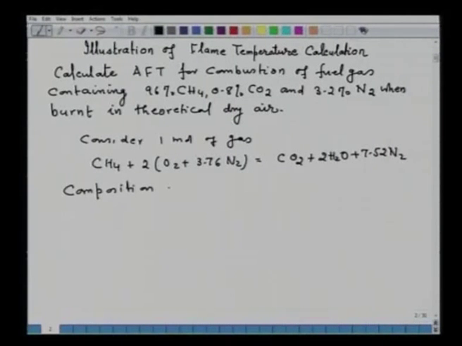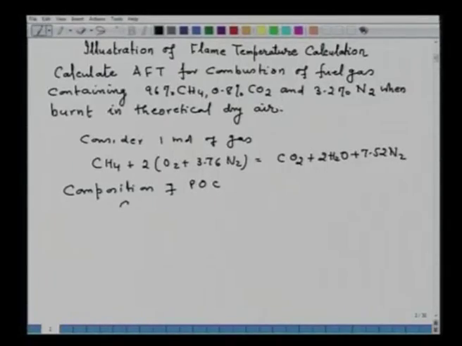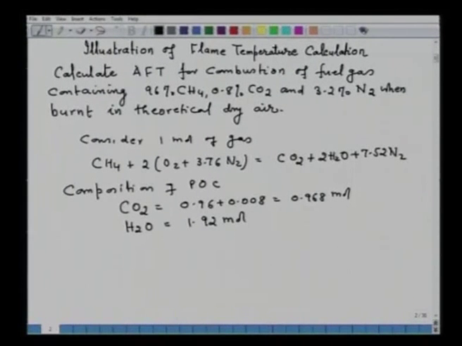The composition of POC, because you have 0.96 mole of CH4. So, accordingly CO2 will be equal to 0.96. Do not forget to add 0.008 of carbon dioxide. So, that makes 0.968 moles of carbon dioxide. Then H2O 1.92 moles, and nitrogen.